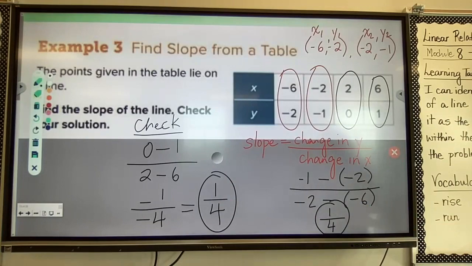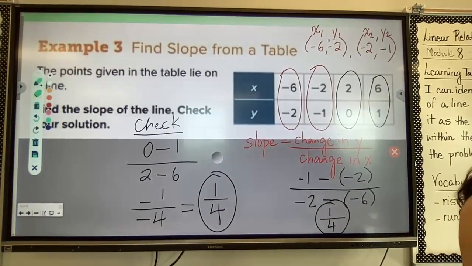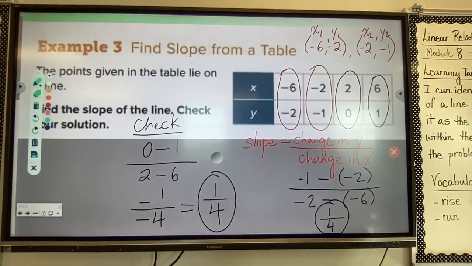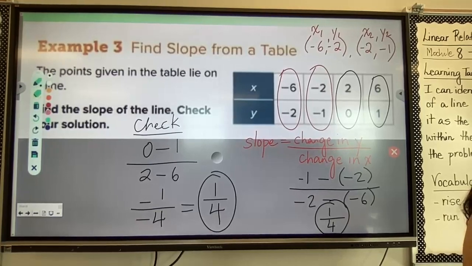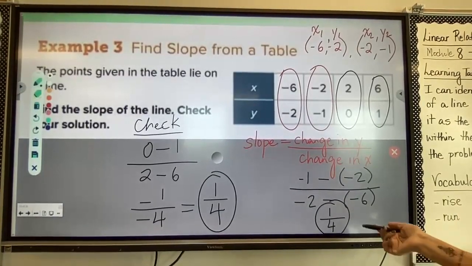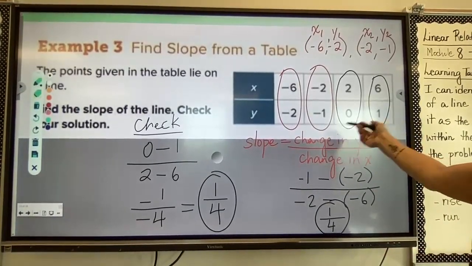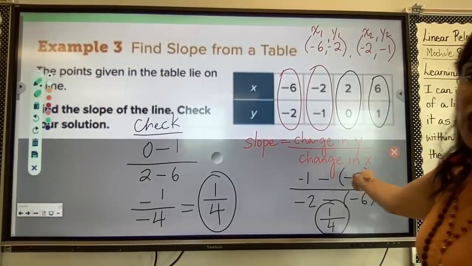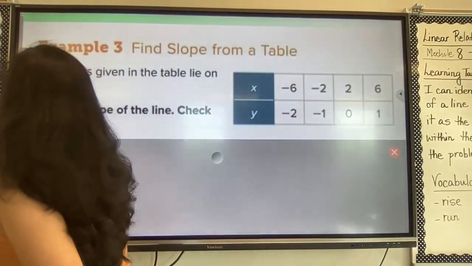All right, so this is the best way to check, because you're just going to choose two different points from the table and find the slope. And now basically, again, let's use the slope formula, and it's basically the same thing, nothing but the change in y over the change in x. So let me just show that to you.